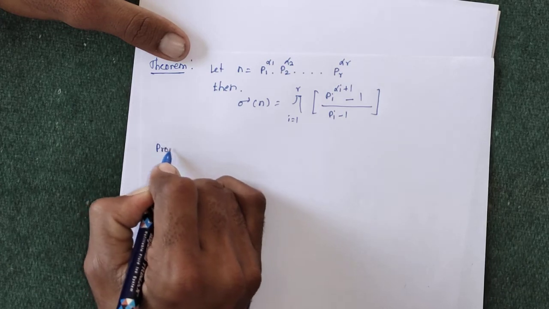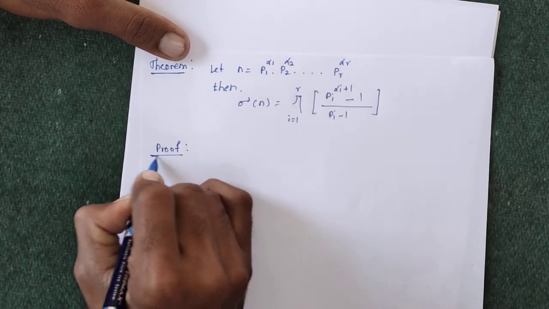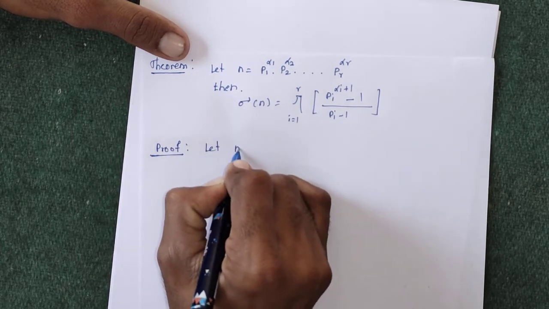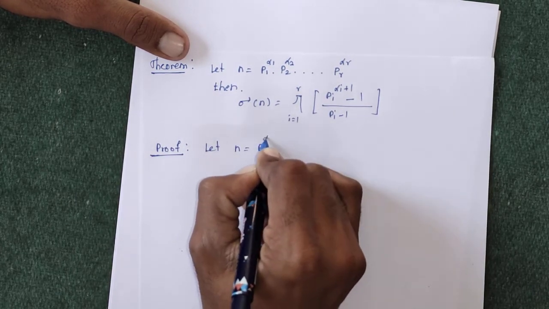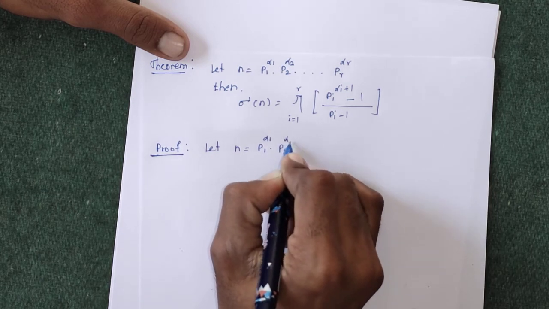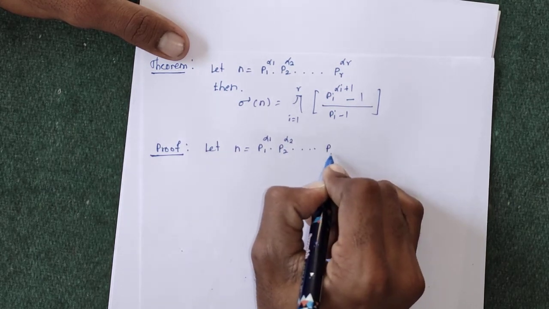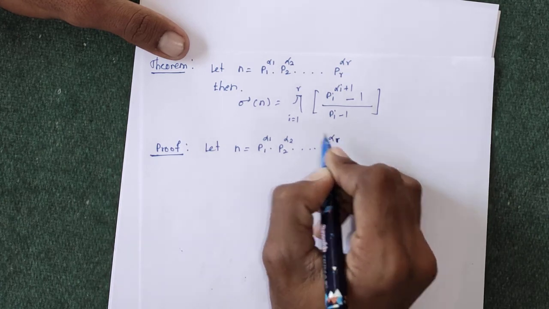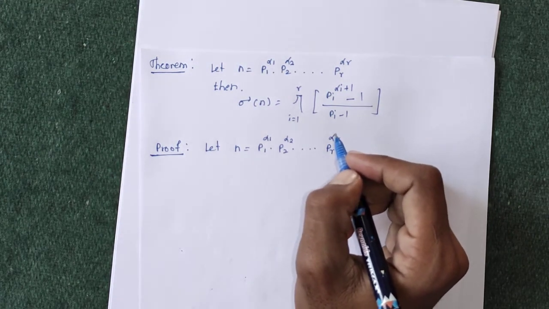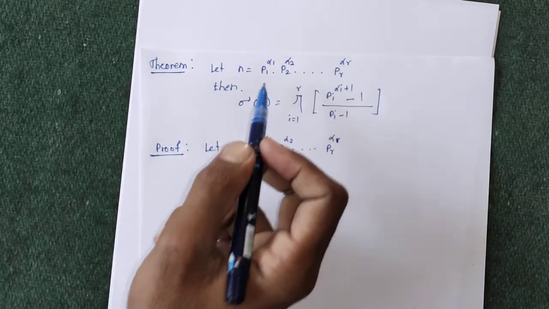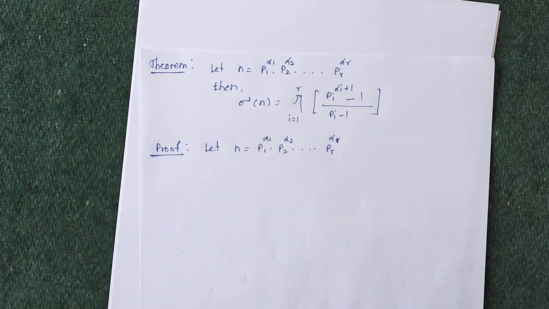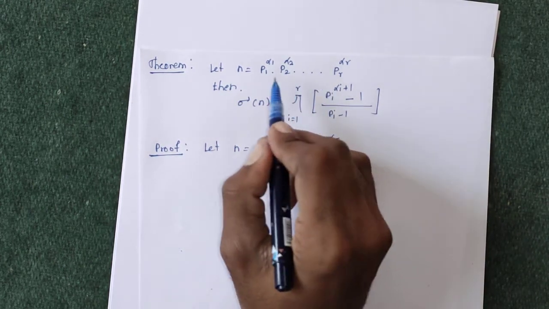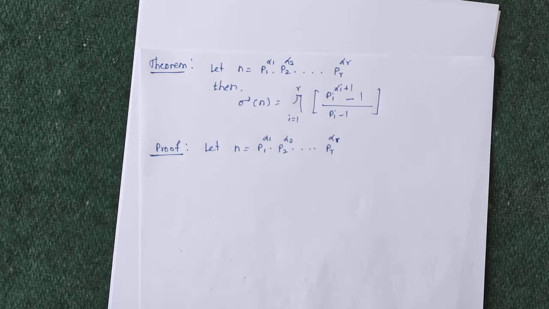If this theorem is asked in a university exam, then it must be in this form, because in the product form from i to r you need the canonical expression of n.